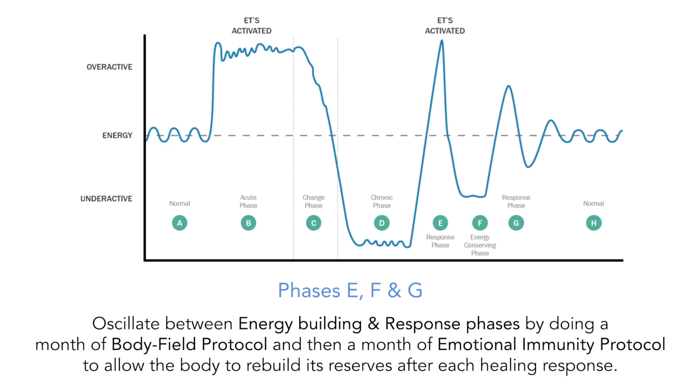And so what happens? They basically deteriorate down into an underactive, low energy state, or what we would call a chronic phase. Now, why is the body doing this? Well, simply it doesn't have enough energy reserves left to try and heal yourself in that moment.